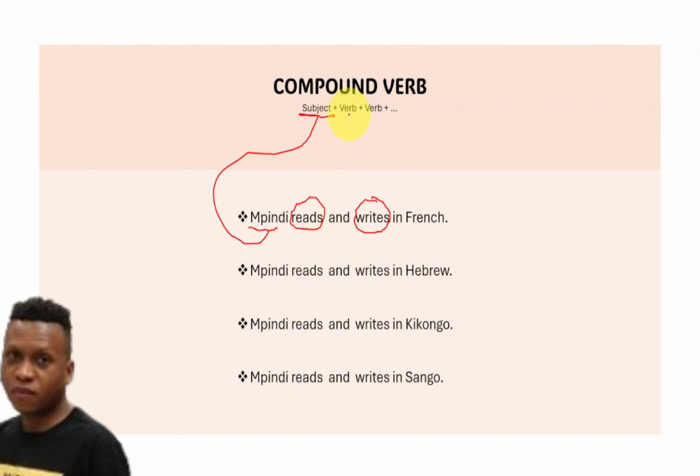The verb is read. We also have another verb, write, and the rest is the one I put here. Okay. Now we have two verbs. That's why I put compound verb. So we have one subject plus verb plus the one at the end.